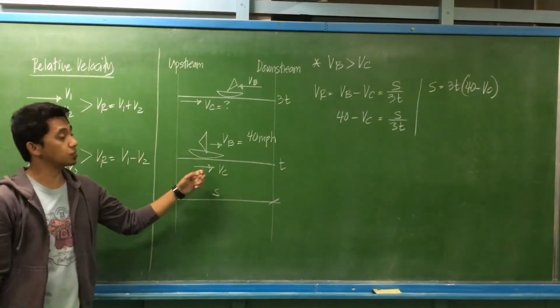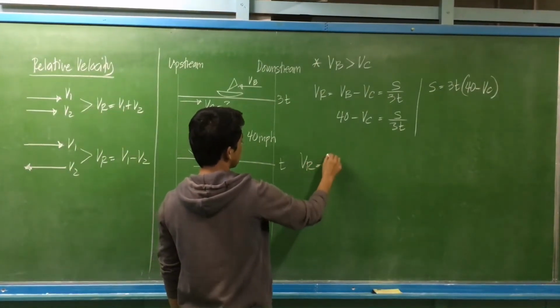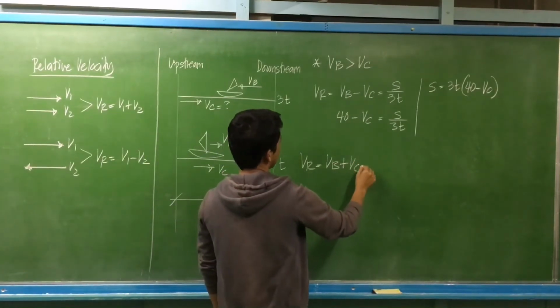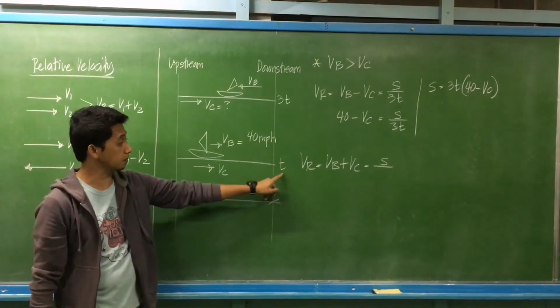How about for the case where we have the same direction? The relative velocity is equal to the velocity of the boat plus the velocity of the current, equal to the distance over time. Here we have a single value of t.